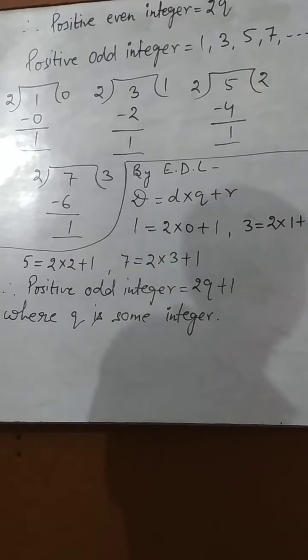This is the solution of the question. Like this you can solve your questions. This is a very easy method, and like this you can solve the questions given in your exercise also.